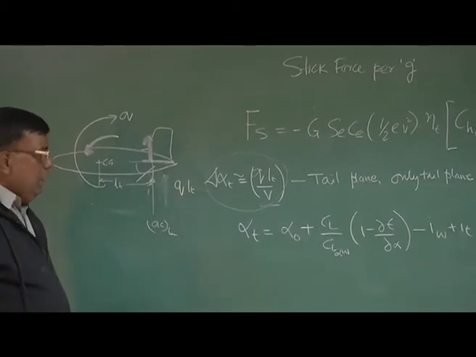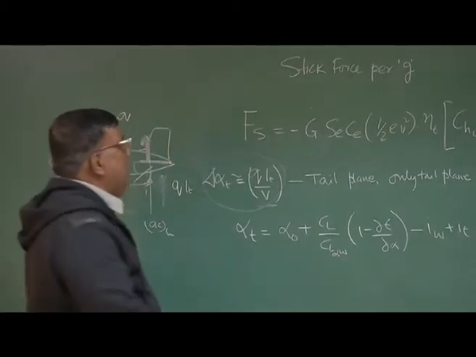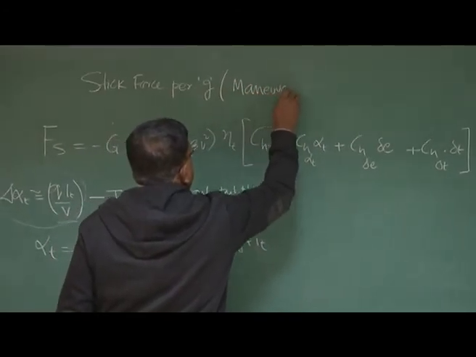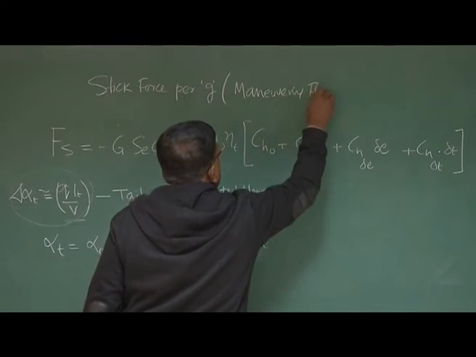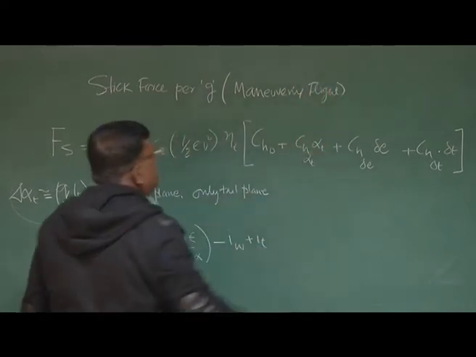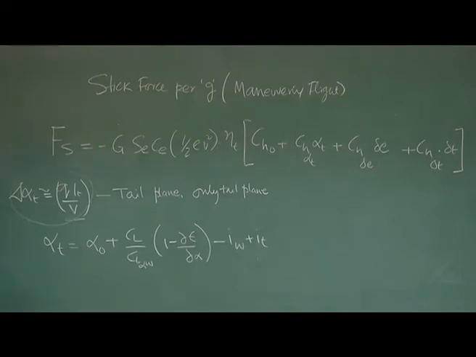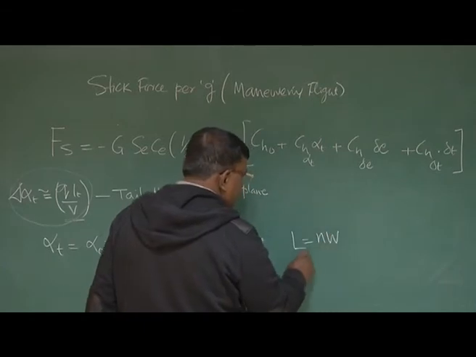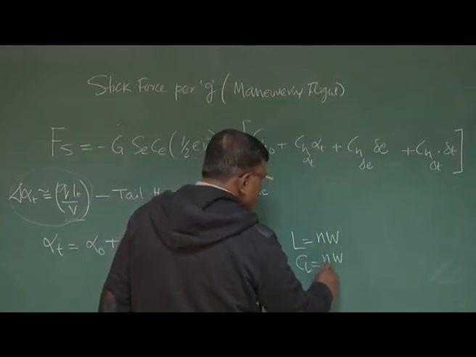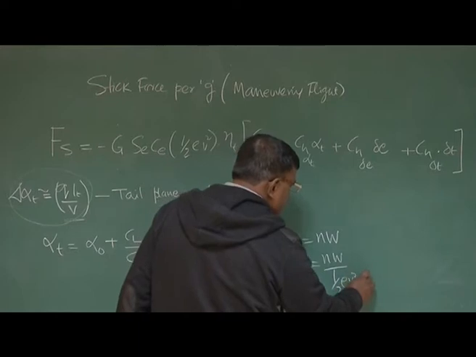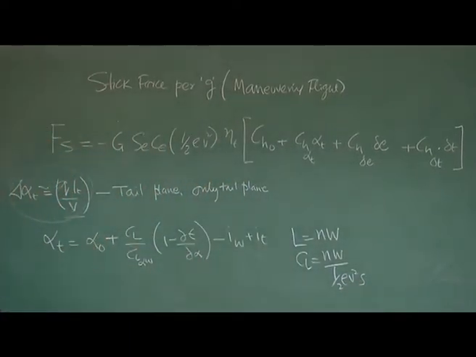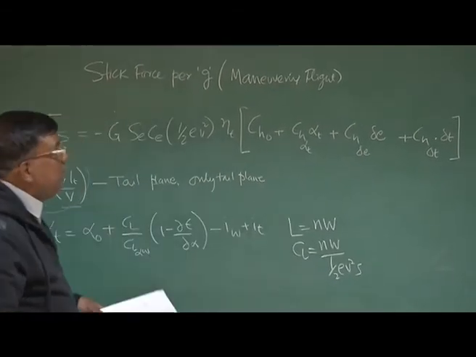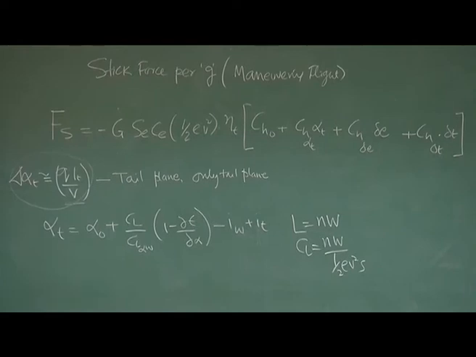Okay. Now we are talking about maneuvering flight. So let me write here maneuvering flight. During maneuver, what do we know? L equal to NW. So CL equal to NW by half rho V square S. When it was level flight, we replaced CL by W by half rho V square S. But now it is a maneuvering flight, so load factor is more than 1.